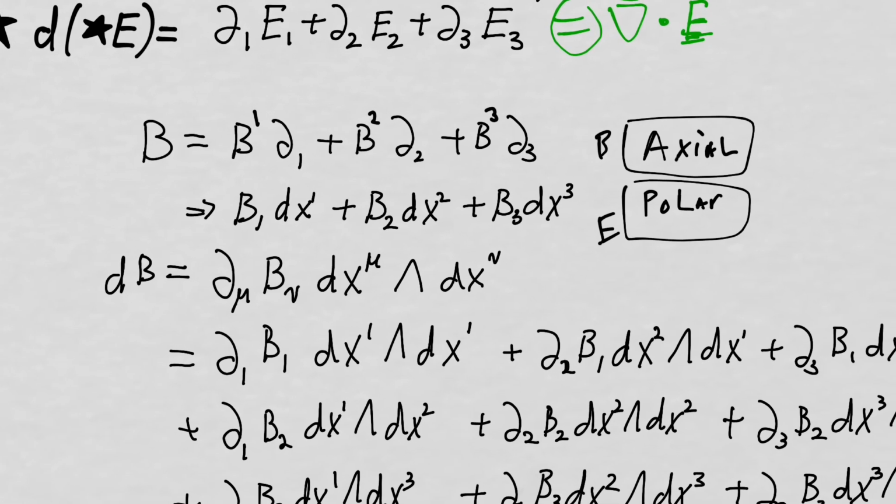And a lot of what we're going to be discussing here kind of attacks that and tries to create there's only one kind of vector, and we want to sort of understand what's under the hood with this axial and polar vector thing going on, right?